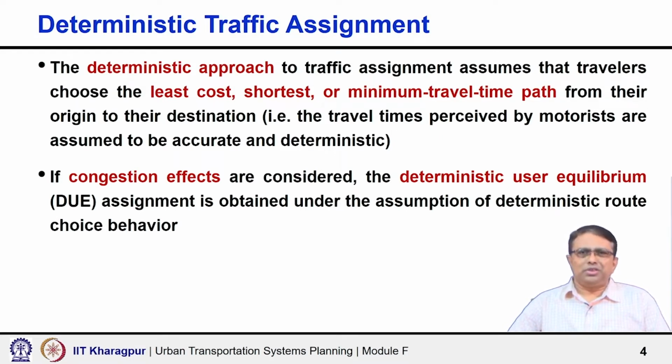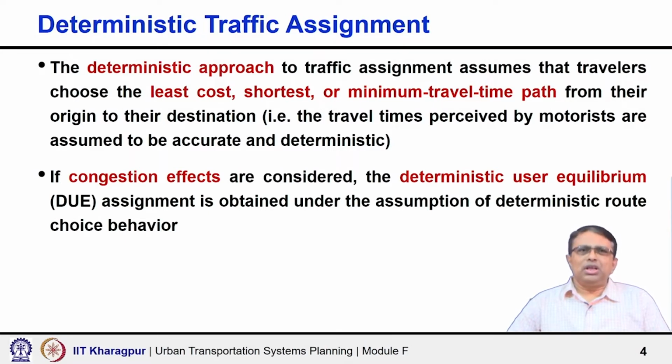That means the travel time perceived by motorists is assumed to be accurate. This was a very fundamental assumption. I mentioned it earlier, but I am repeating it: the travel time perceived by motorists is assumed to be accurate and deterministic.